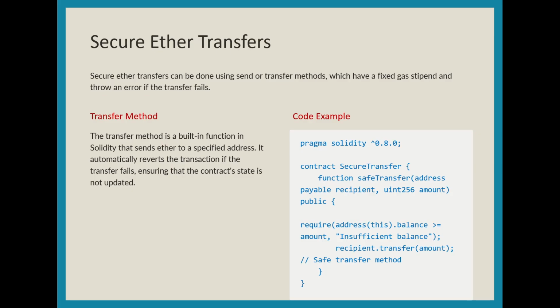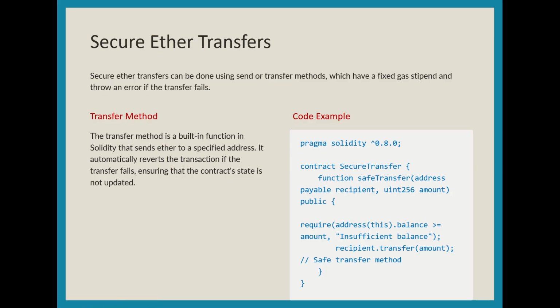It does not deliver it if it finds that the address does not exist. It reverts the delivery of the envelope if it finds the mailbox, the particular address, does not exist. So similarly, it sends ether to a specified address and it automatically reverts the transaction if the transfer fails, ensuring that the contract state is not updated.